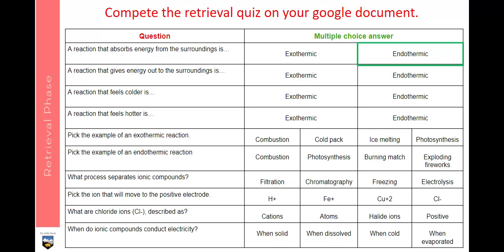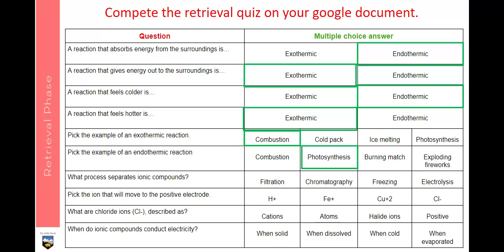A reaction that gives out energy to the surroundings is exothermic. A reaction that feels colder is endo. A reaction that feels hotter is exo. An example of an exothermic reaction is combustion. An example of an endothermic reaction is photosynthesis.